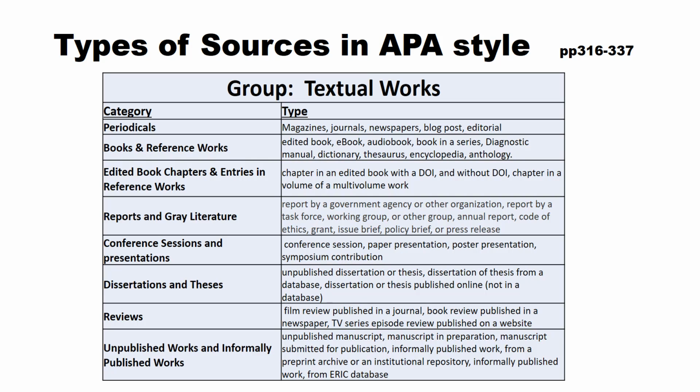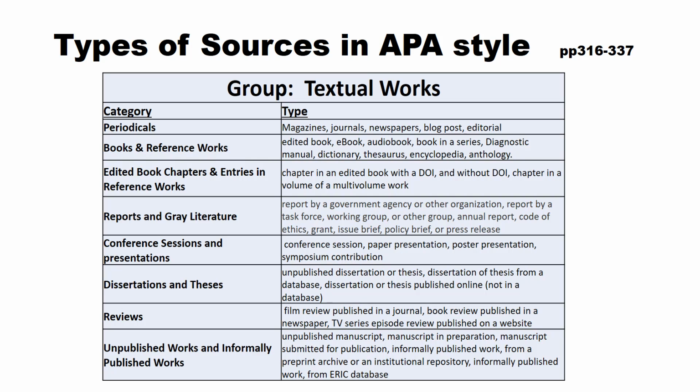The APA Style organizes all types of resources that you can use in a paper into 4 groups. Within each group, there are several categories, and within each category, there are several types of resources. You can see the full list of groups, categories, and types in the APA Style Manual 7th edition in Chapter 10, where you can see examples of each of these categories.